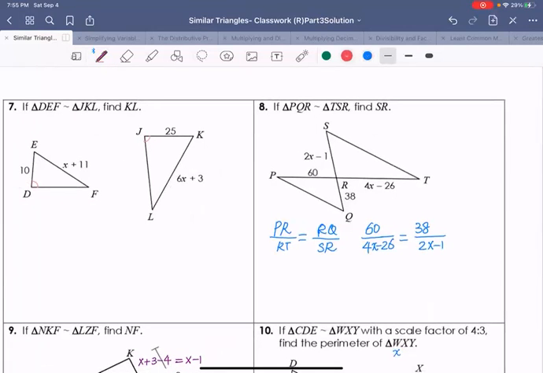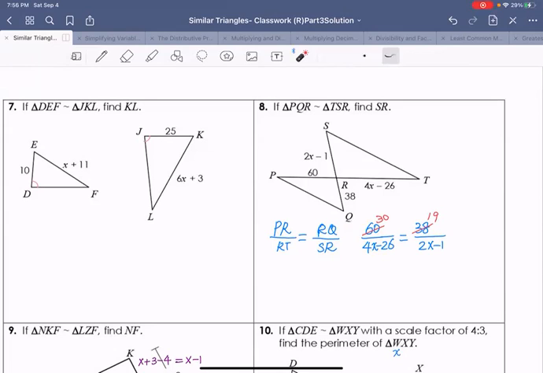Can we simplify the top? Yeah. Divided by 2, 30 over 19, right? Yeah, 19. Okay.